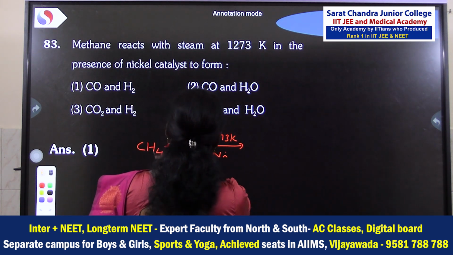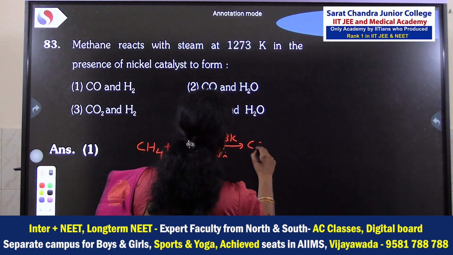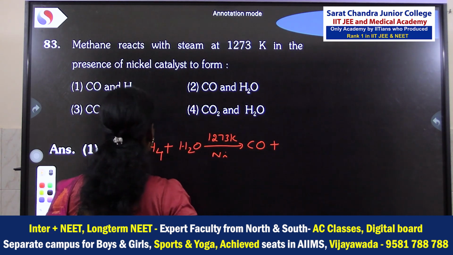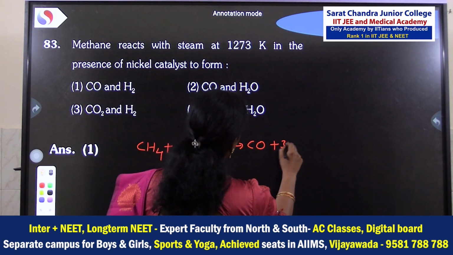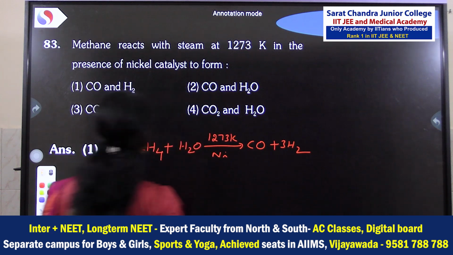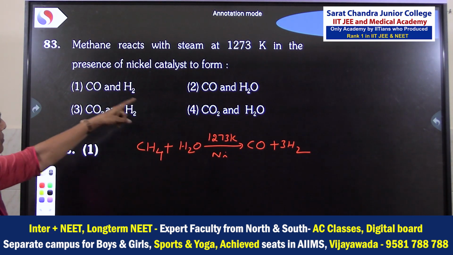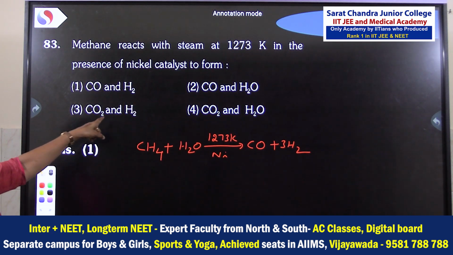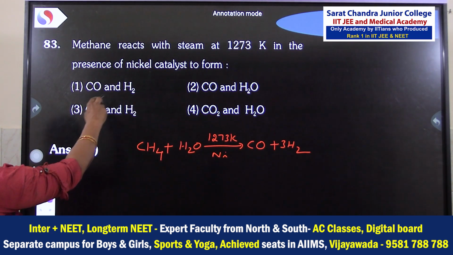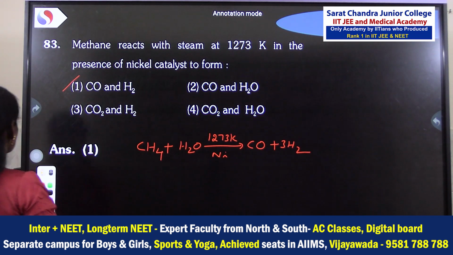So this methane reacts with steam and forms carbon monoxide and hydrogen gas. Therefore, the correct option is CO and H2, CO and H2O, CO2 and H2. So the correct option is CO and H2, the first one.